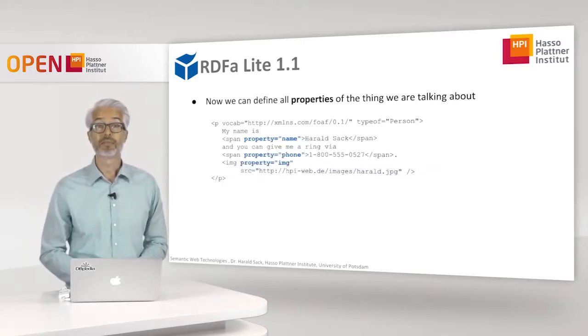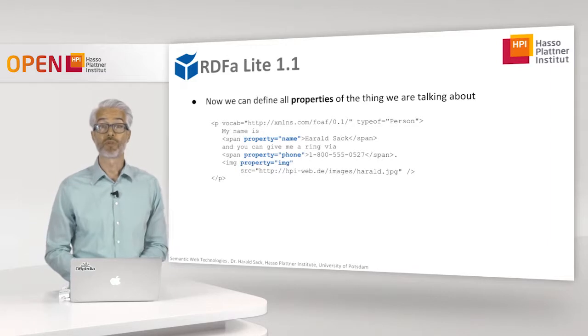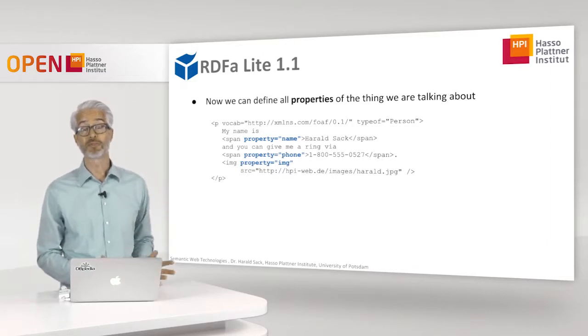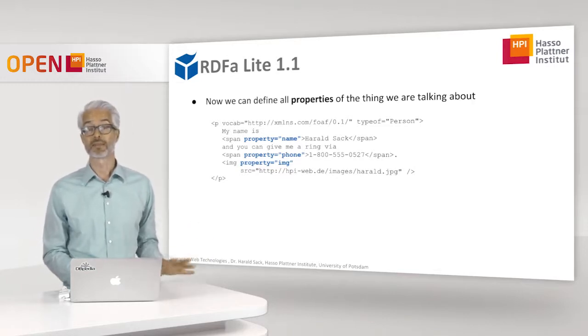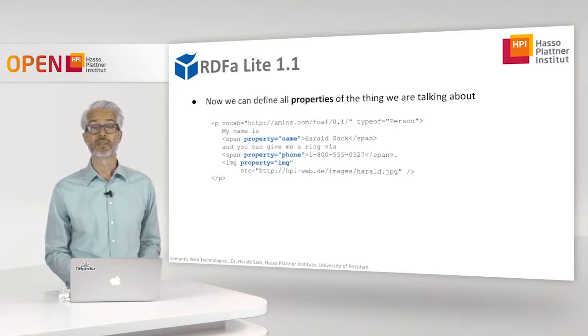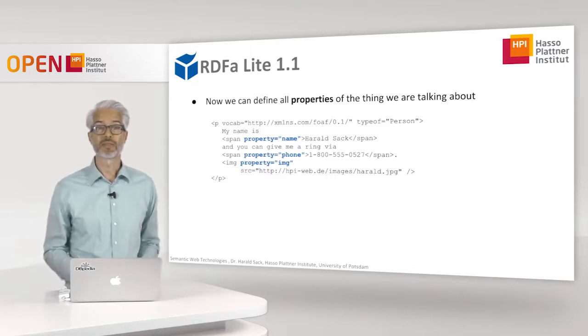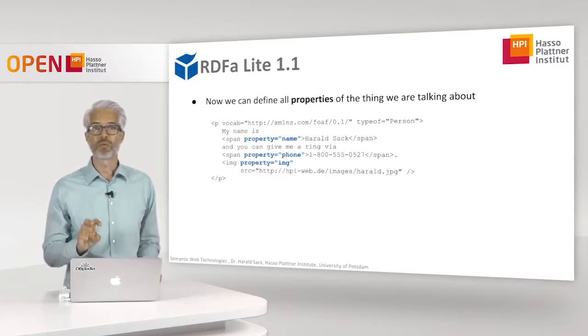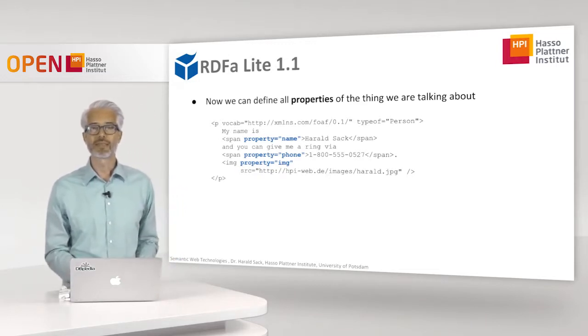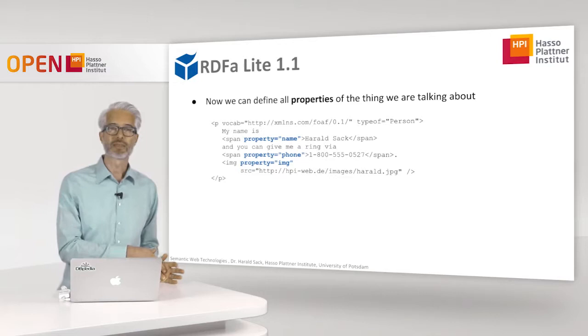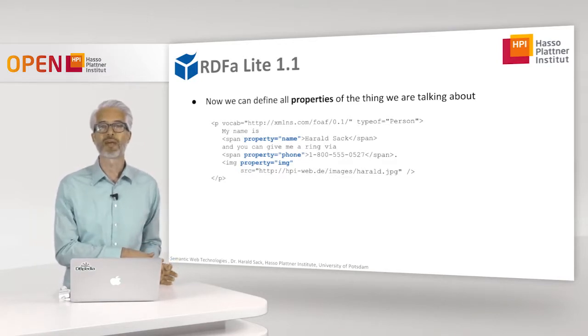Then I can make use of properties from the vocabulary I have specified. So I have, for example, the FOAF name property. Then I introduce a new tag, a span tag, that has no effect in the end on the formatting or the presentation result of my web page. So I put my name into the span tag and say as an attribute in the span tag that this is the property foaf:name.